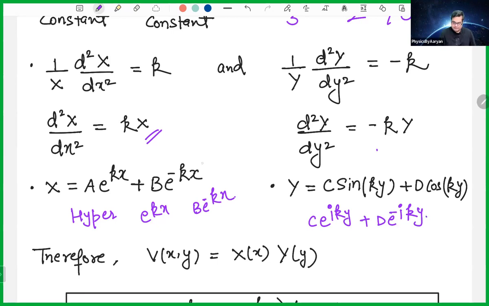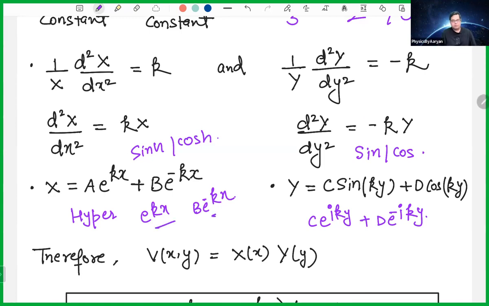On this side there is no iota, but on this side there is iota, because this is a harmonic solution. Means the solution to this will be sine and cos, and the solution to this will be sine hyperbolic or cos hyperbolic. So if d square x by dx square has no negative sign here, then the solution which comes out is hyperbolic functions. But if there is a negative sign here, then the solution which comes out is sine and cos.